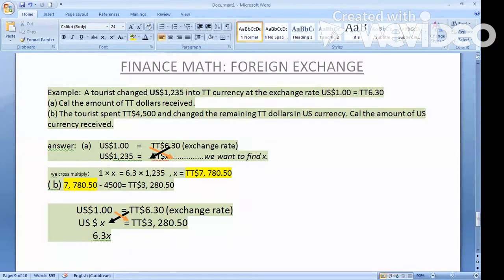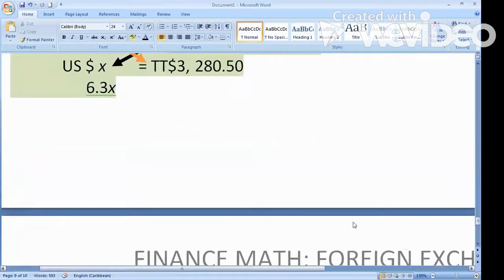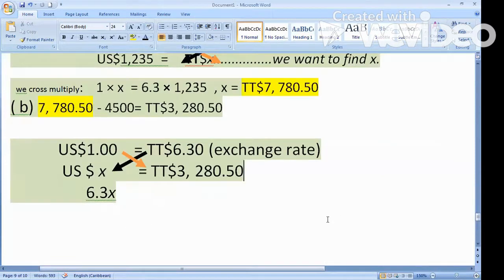All right. So 6.3 times X is 6.3X, and all of that is equal to 1 times 3,280. And 1 times anything gives you back what? The same thing. But then, we need to find X. How do we find X?